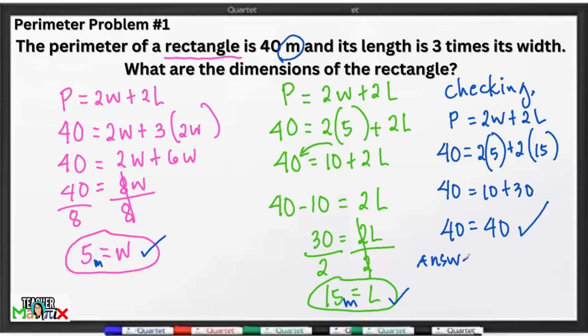Okay, final answer, dapat ganito ang pagkasulat. Pag width, 5 meters, and then yung length, 15 meters. Okay.